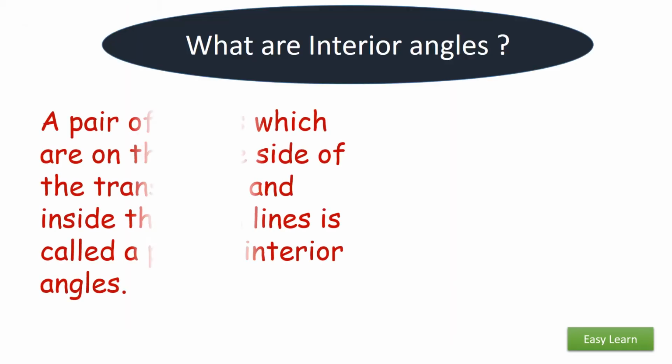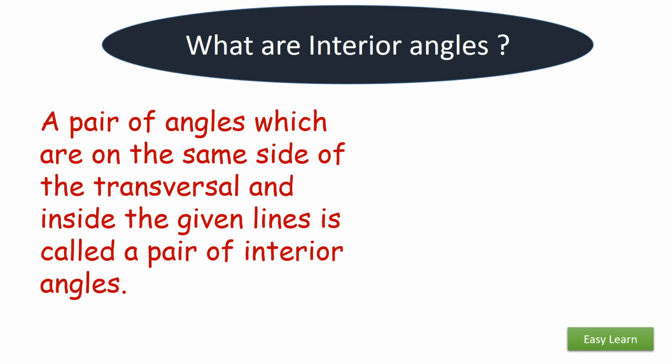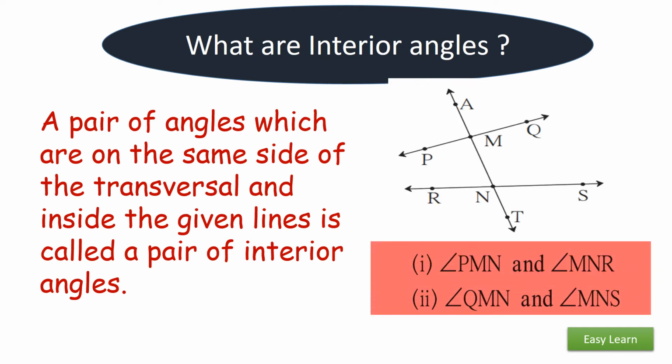What are interior angles? A pair of angles which are on the same side of the transversal and inside the given lines is called a pair of interior angles. In this diagram you have 2 pairs of interior angles: angle PMN and angle MNR, angle QMN and angle MNS.